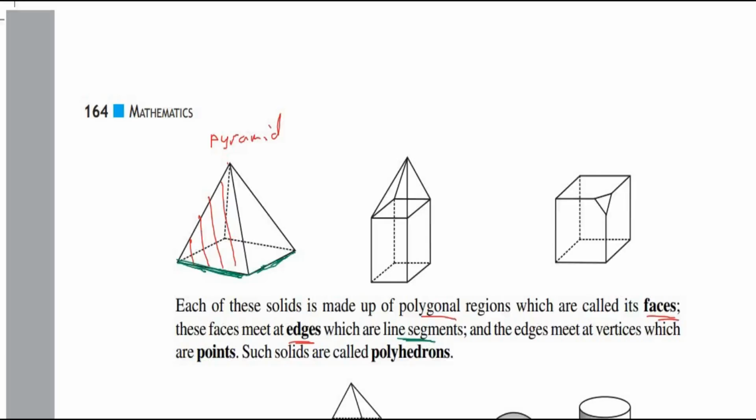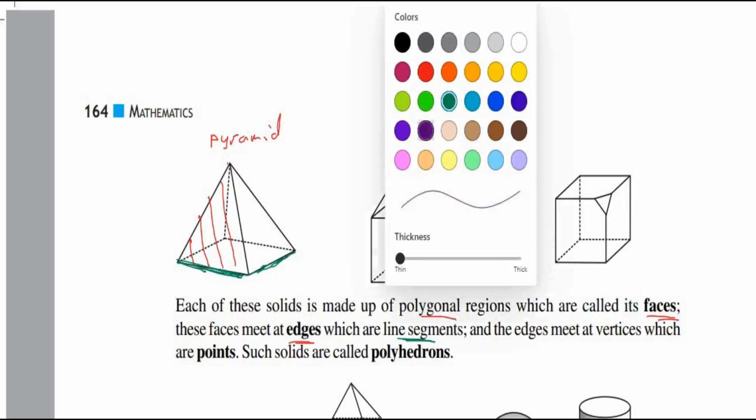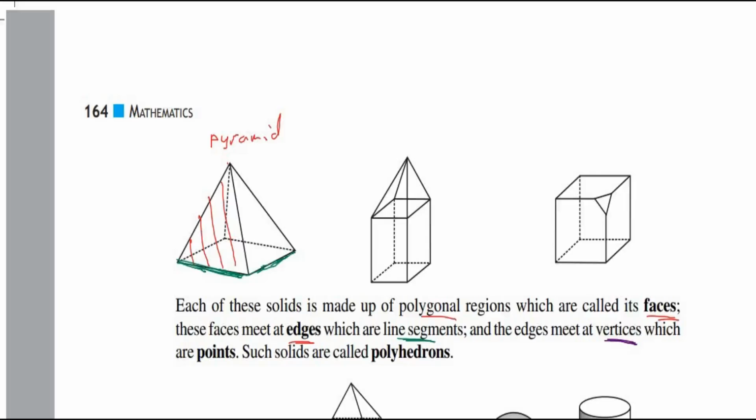So edges meet at vertices, which are points. So we have faces, flat surfaces. Faces meet at edges. Edges are line segments, and edges meet at vertices, which are points. Such solids are called polyhedrons.